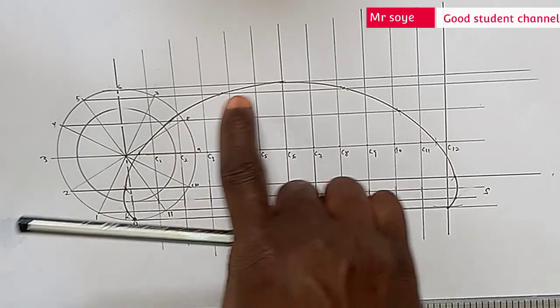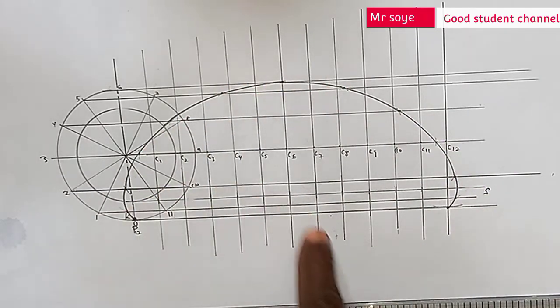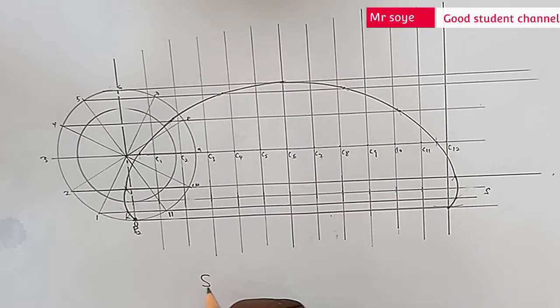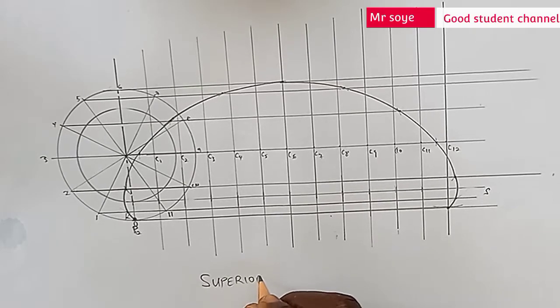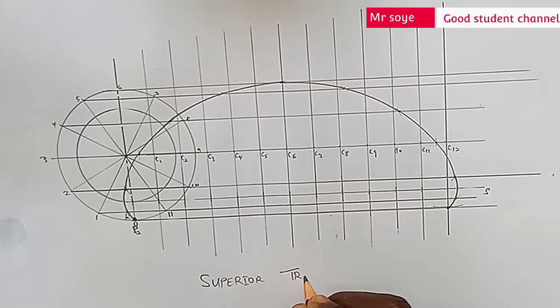This is the curve, and this curve produced is called superior trochoid. Superior trochoid.